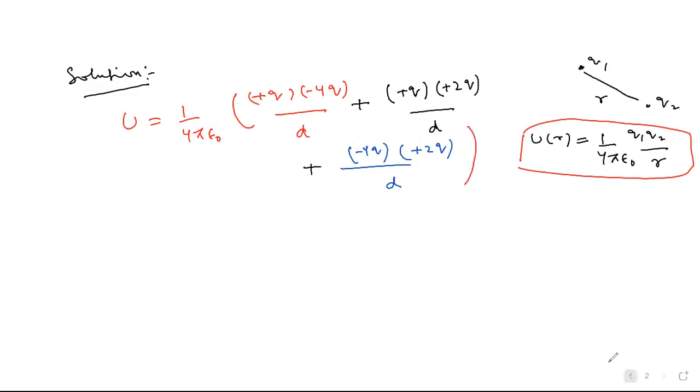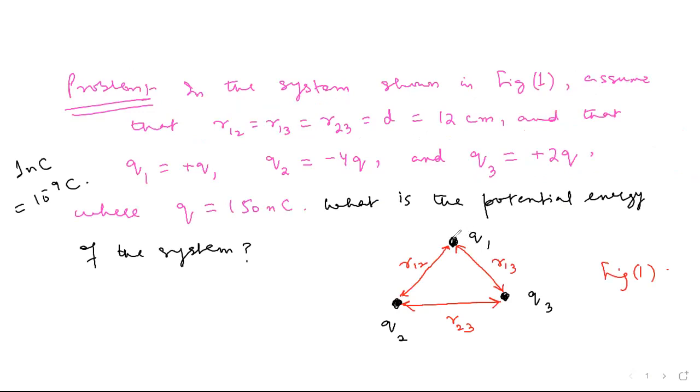Let me show you the figure first. Remember, Q1 is, let me use some other color, this one. Q1 is plus Q. So this is my plus Q. Q2 is minus 4Q.